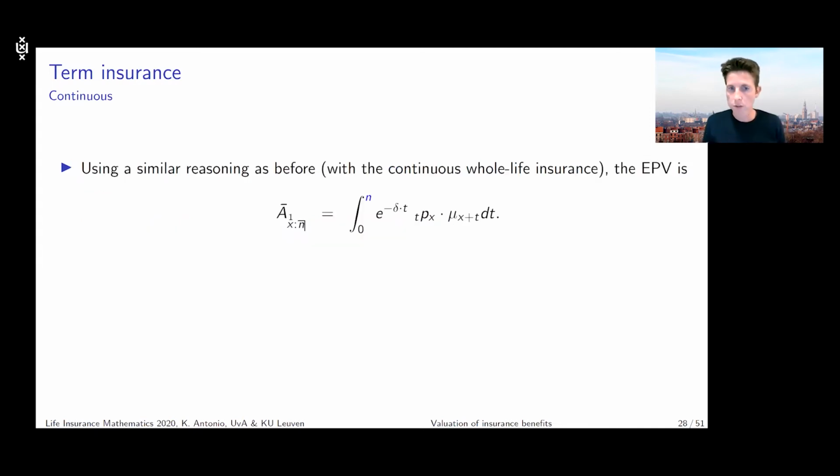We're going to work in continuous time, right? So that means we're going to work with an integral notation. We're looking at e to the power minus delta t, which is my discount factor. And then I've got tpx multiplied with the hazard rate function, mu x plus t.